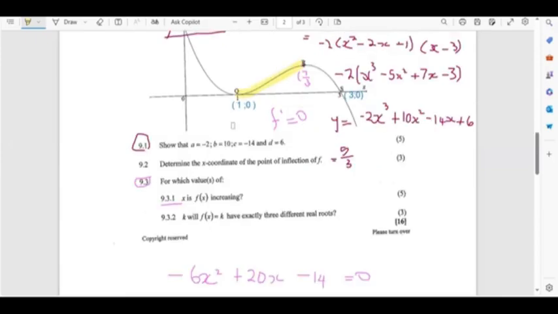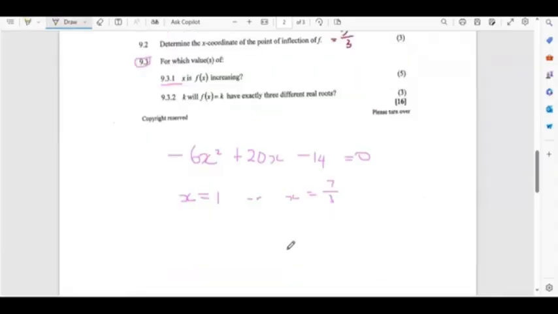Now you need to represent that using inequalities. You need to show that between my point Q and R, this is the only part whereby my f of x function is increasing. How would you go about doing that? First, you write your x in the middle. Remember, your lowest value should be on the left and your highest value on the right. What is my lowest value?